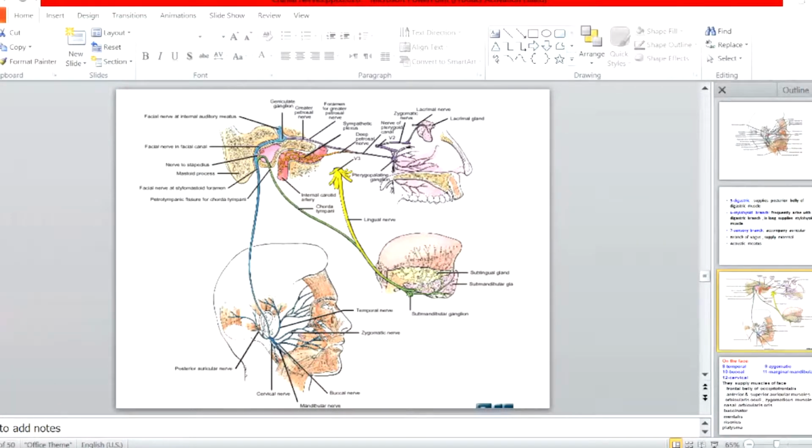Then we have the fourth one, the ring finger, the marginal mandibular, which passes along the body of the mandible, supplying muscles of the lower lip and mentalis. And then we have the little finger, which passes into the neck. This is the cervical, for the supply of platysma muscle.